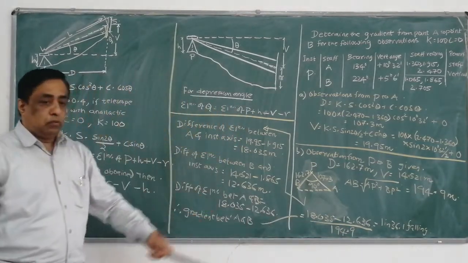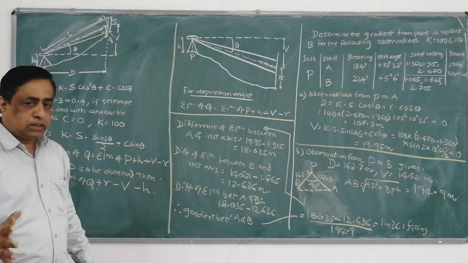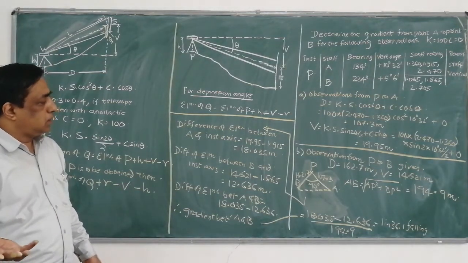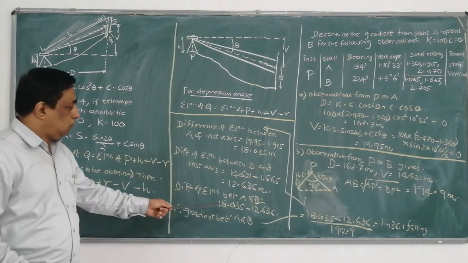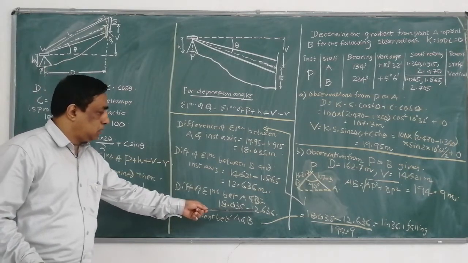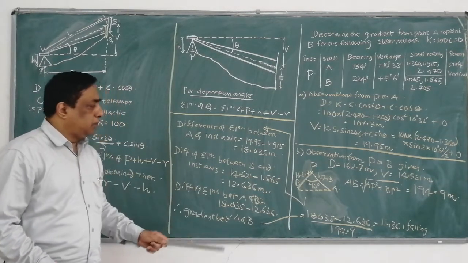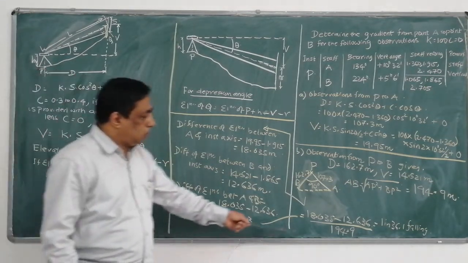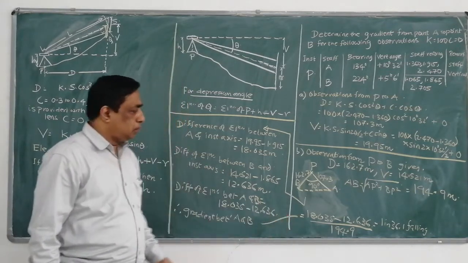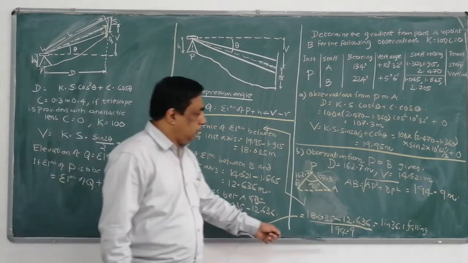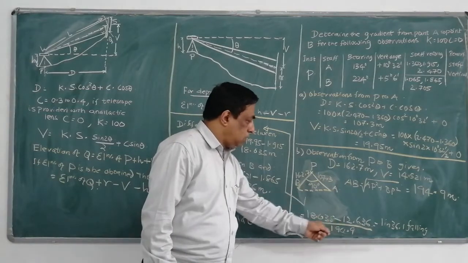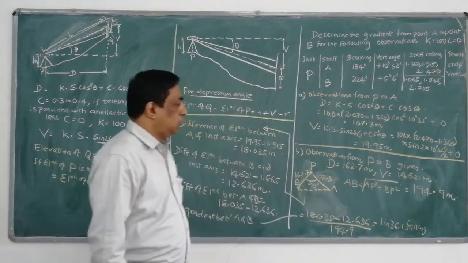That is for 194 meters distance, the difference of elevation is 18.035 minus 12.636. Therefore, for 1 meter, we have to divide it by 194.9 meters. That will be 1 in 36.1.